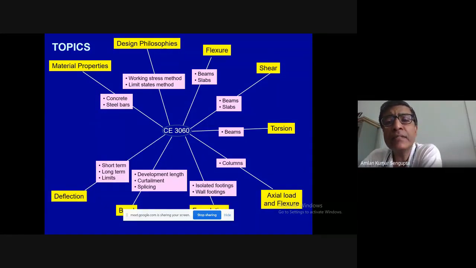Now, apart from this study of the actions, we also need to study what can be the other problems apart from strength. See, first, a structure has to be made strong, period. At every second, it has to carry the load. Now, apart from strength, there are certain other issues which we need to be aware of. One such issue is the deflection.